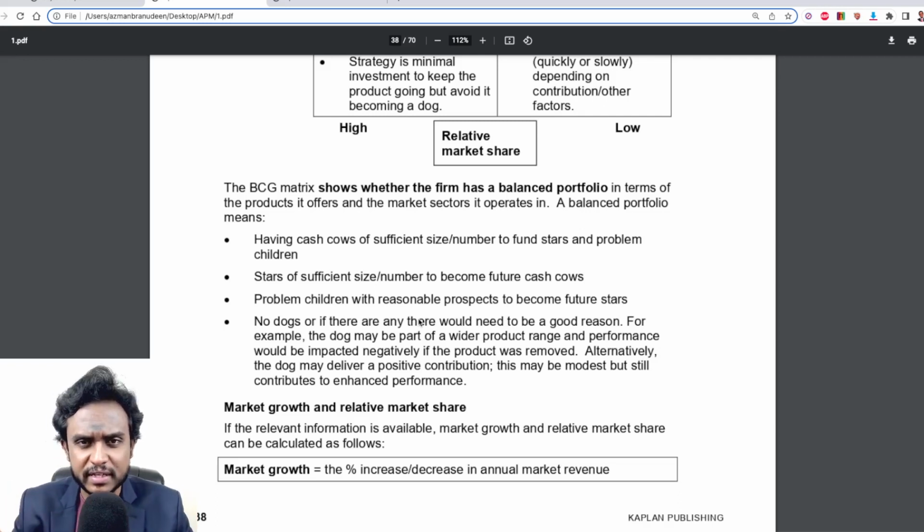If you don't have a mix, for example, I can give you Nokia, right? Nokia, which was a global phenomenon at the time. What happened with them was, at the time of Nokia's decline, they did have the N series, which were really good, and they were cash cows and stars and all that.